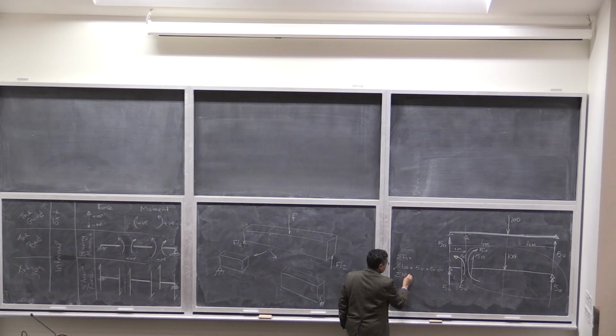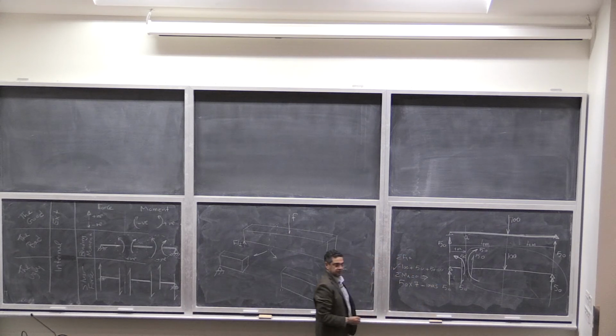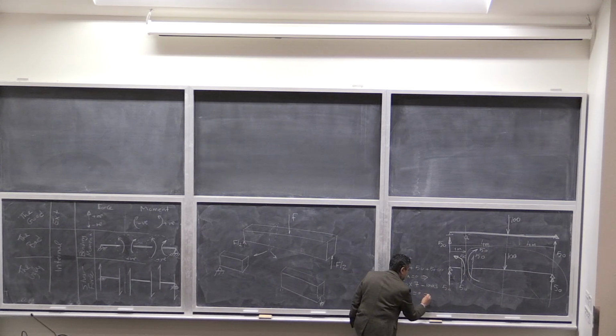Sigma MA equals 0. That means 50 by 7, and this is positive, minus 100 by 3, and this is negative. And the concentrated moment at A, that is another 50 negative, equals 0. That would be the moment is in equilibrium.